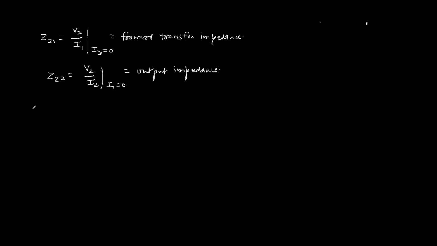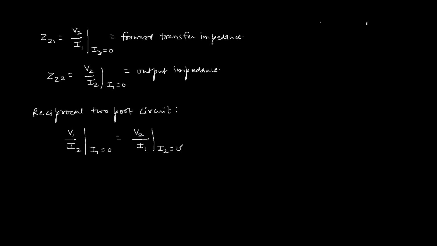Now we have reciprocal two port network or reciprocal two port circuit. When V1 by I2 when I1 is 0 is equal to V2 upon I1 when I2 is 0, then the circuit is called reciprocal circuit, or Z12 is equal to Z21, then the two port circuit is reciprocal.